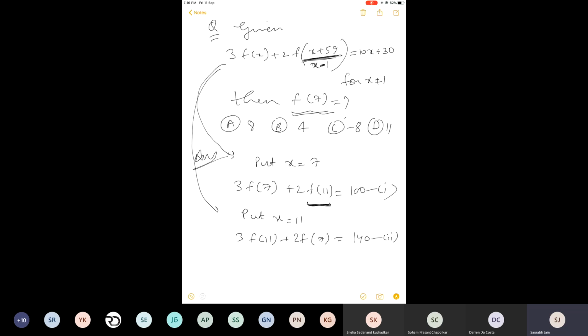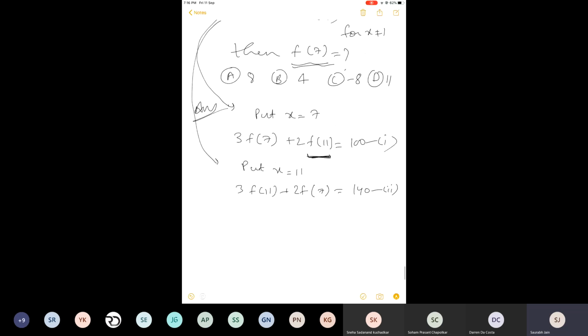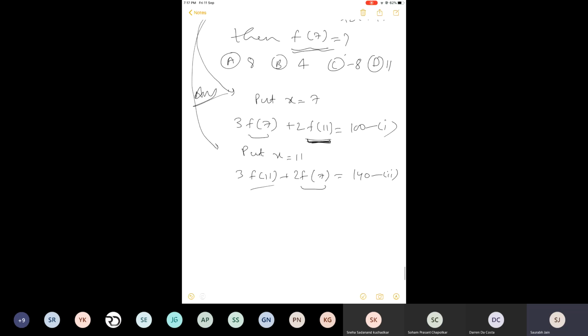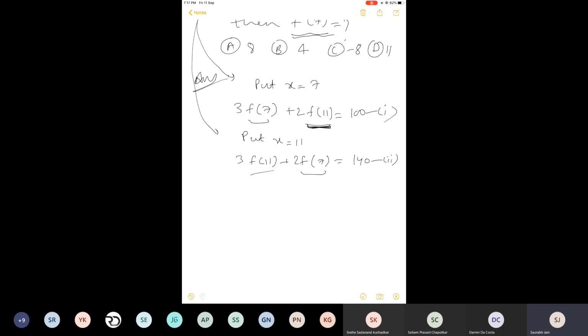Question is over because it is like solving two linear equations. f(7) is there, f(11) is there. So they are like x and y. Okay, 3x plus 2y is 100 and 3y plus 2x is 140. What are x and y? So now you can equate the coefficient of f(11) and you will get f(7). So multiply the first equation by 3.